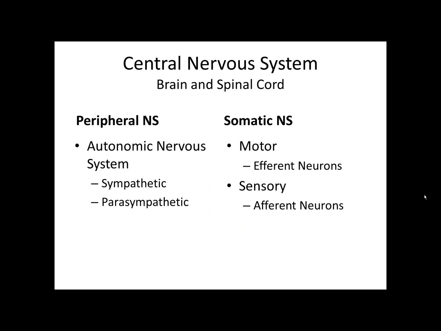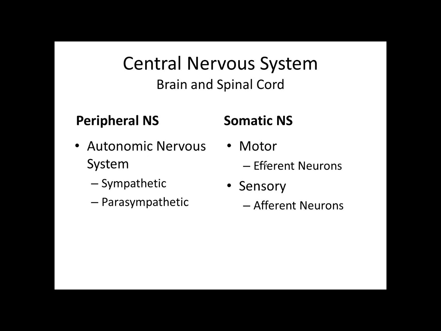So we have the central nervous system, which is the brain and the spinal cord, and the peripheral nervous system, or the autonomic nervous system. The peripheral nervous system contains the autonomic nervous system, including the sympathetic and parasympathetic, and we'll look at those a little bit independently.